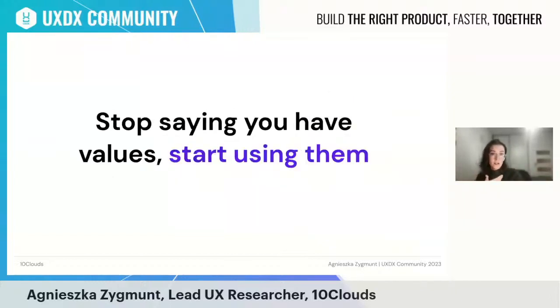And if you have the values, please stop just saying that you have them. Please stop only putting them on your website, for example, or on the content version. Start using them as a tool, because it's really simple. You can just create a checklist and check if you have everything. You can use the values to help you build better features, a better product, better processes.